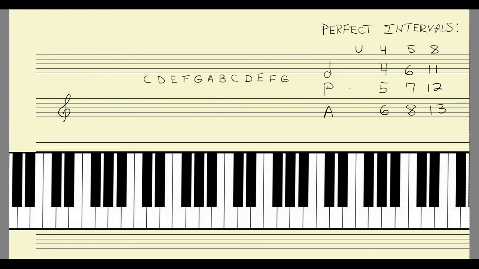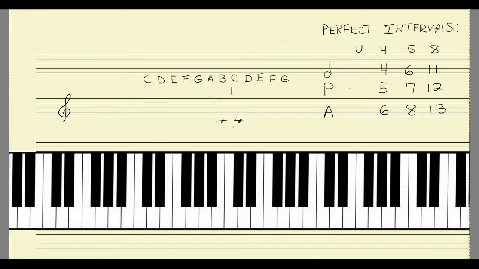Let's go to the unison. We know that a perfect unison is going to have, well, how many half steps is it going to have? We said that a unison, when we're talking about the diatonic interval, if we count from, say, a C to a C, is by definition the interval of 1.